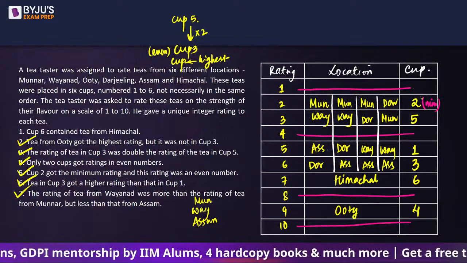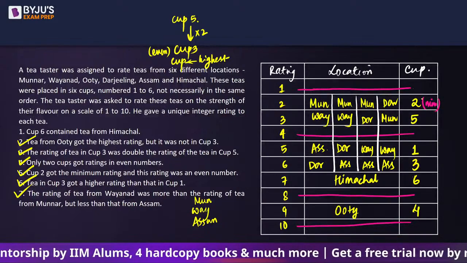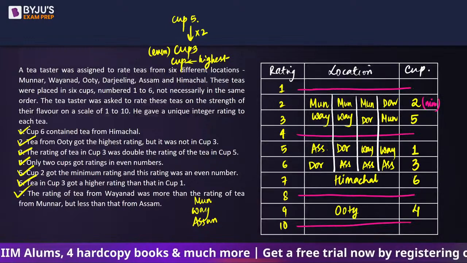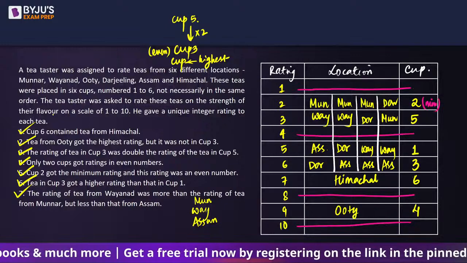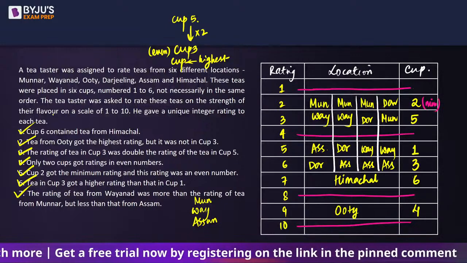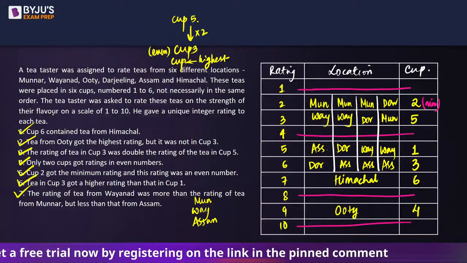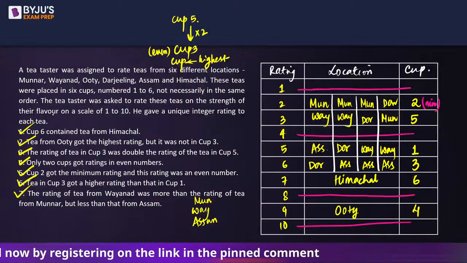So we know exact ratings, we know exact cup, and we know the exact location. Let's do one thing. Let's reread the statements in our mind and see if we have made any mistake or not.